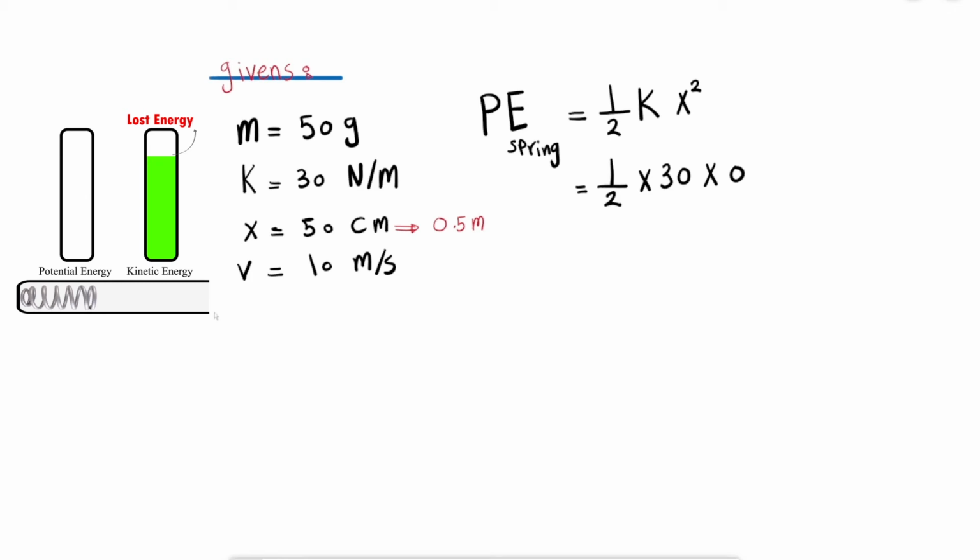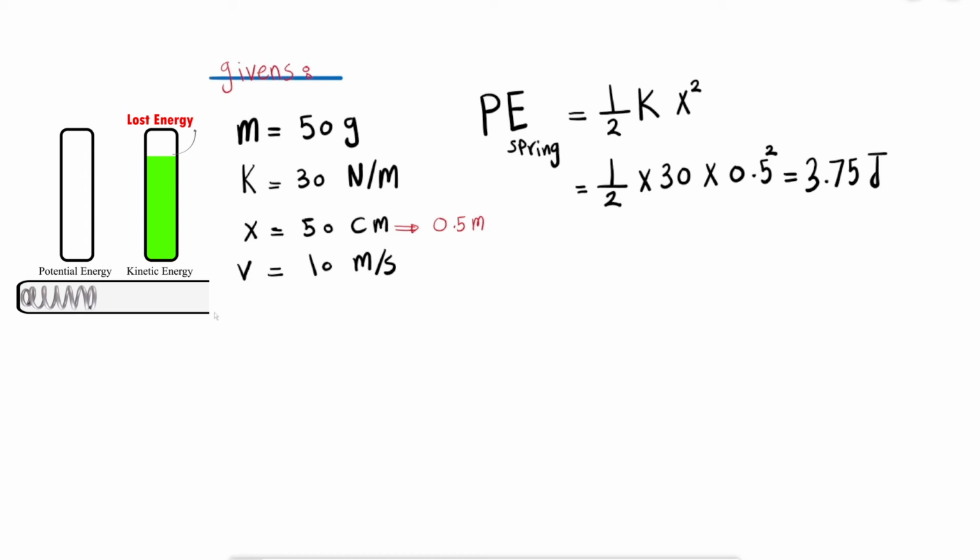Now we have 0.5 squared. Calculating this gives us the initial stored potential energy of 3.75 joules.